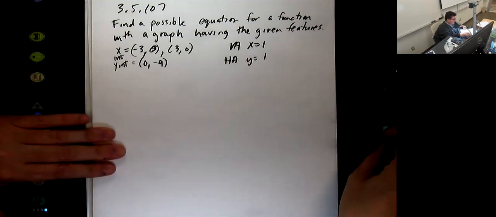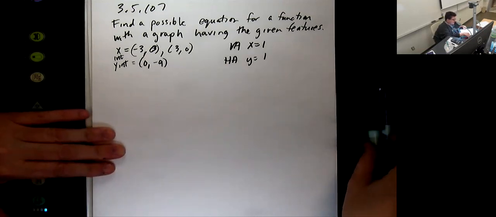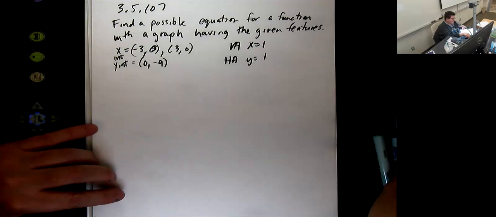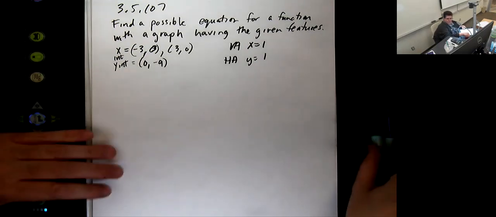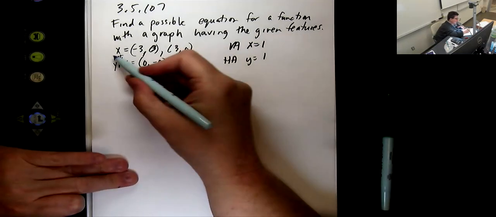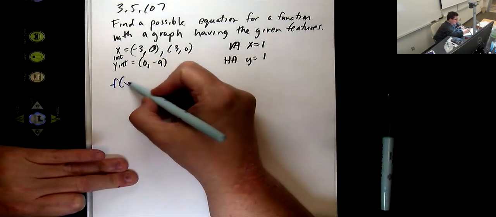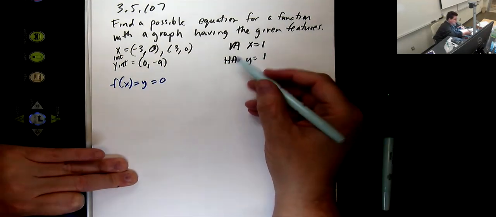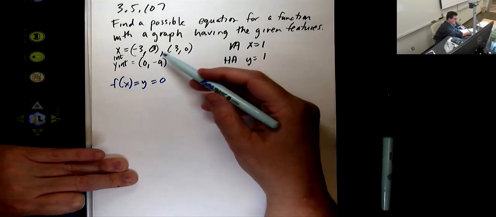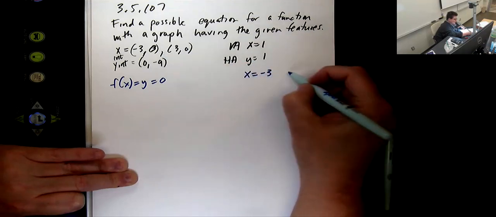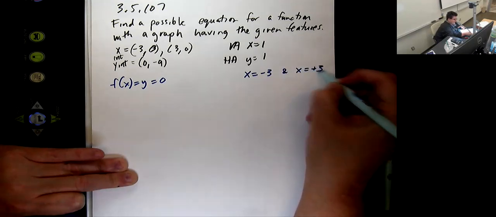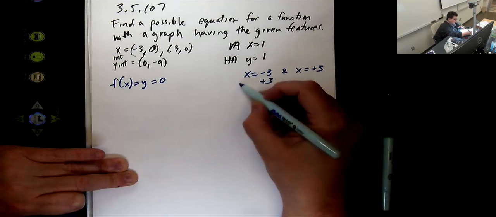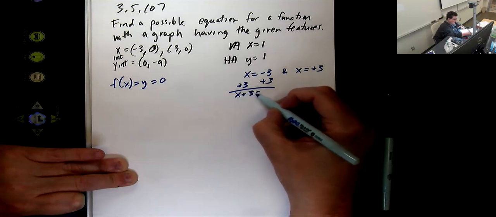So first things first. The y-intercept is when x is 0, so maybe we should start with the x-intercept. The x-intercept is when y equals 0, or f of x equals 0. If we factored this, we got x equals -3 and x equals +3. Now, if I add 3 to both sides, I get x plus 3 equals 0.